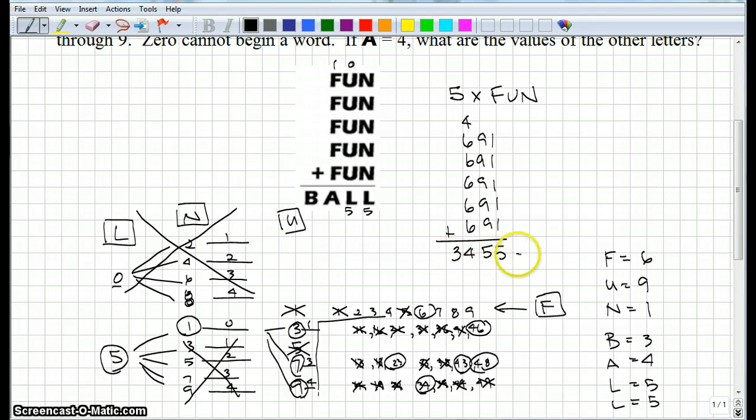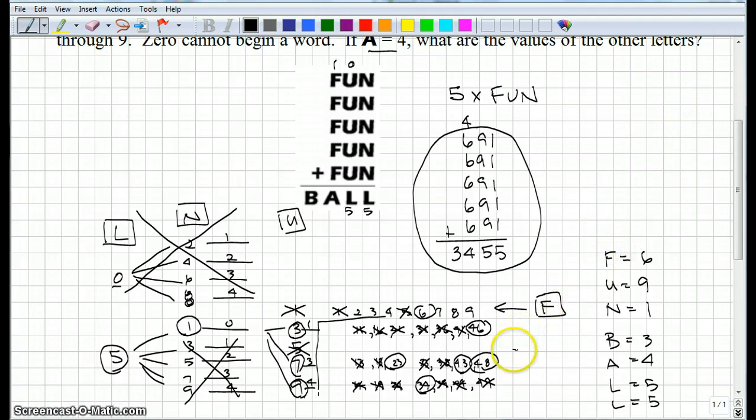Okay? And this is the set of numbers that satisfies our FUN equals BALL. Okay? And that's when A is equal to 4. Okay, that was one of the conditions up here.